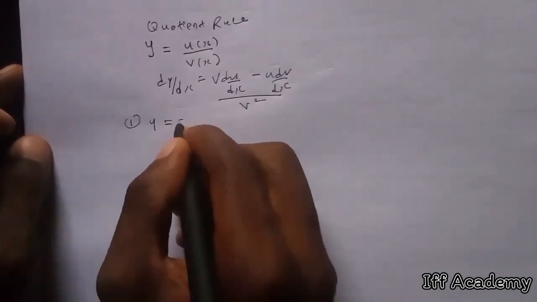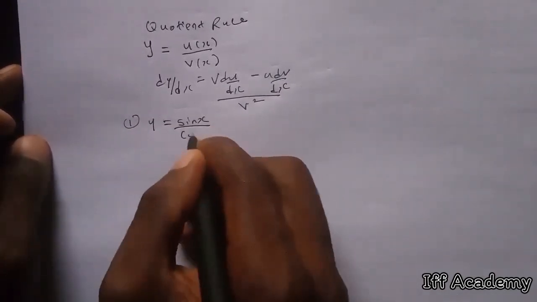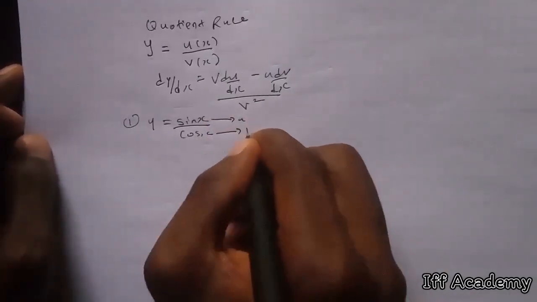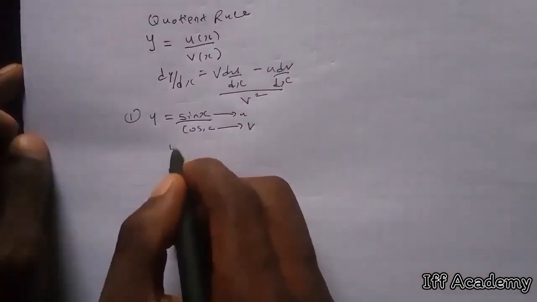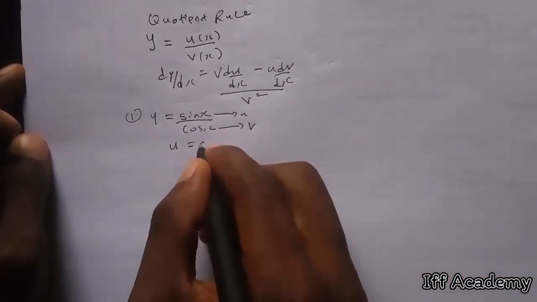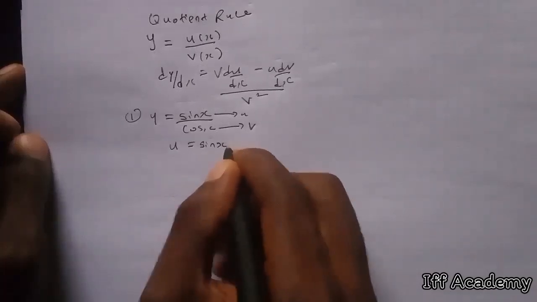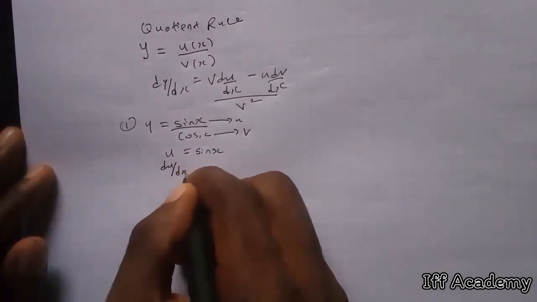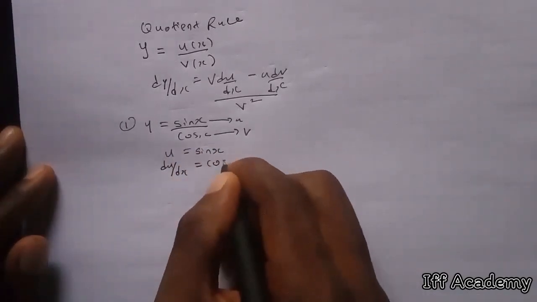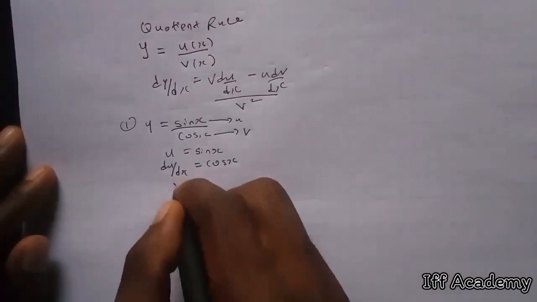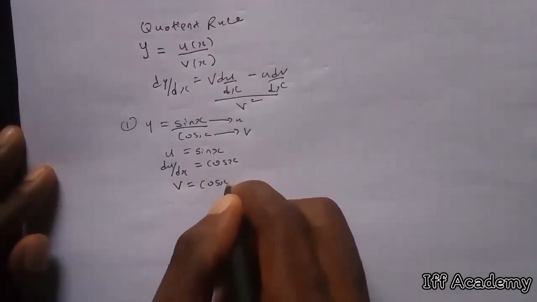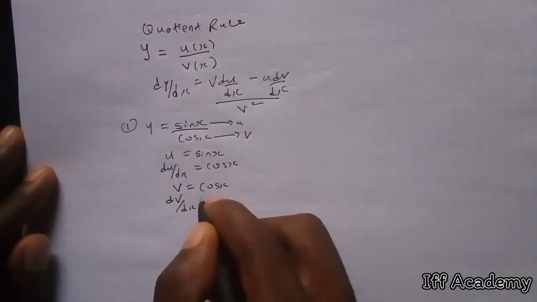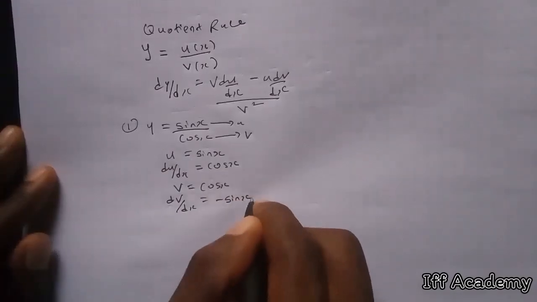So if I have y is equal to sine x over cos x, this becomes my u, this becomes my v. So u is equal to sine x, du over dx is equal to cos x, and v is equal to cos x. dv over dx is equal to minus sine x.